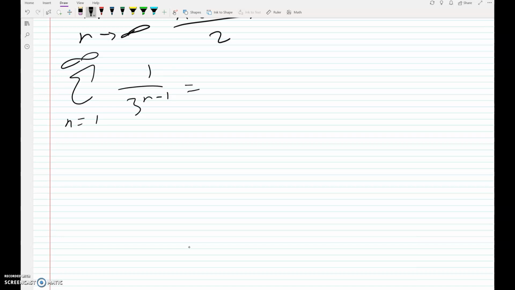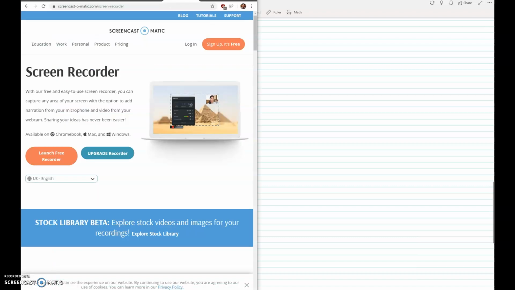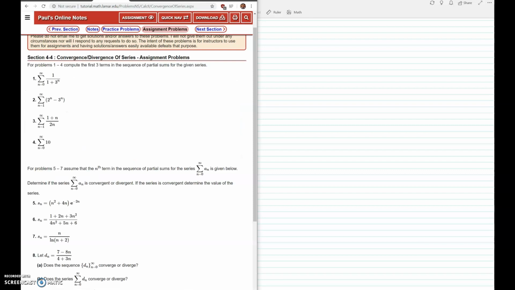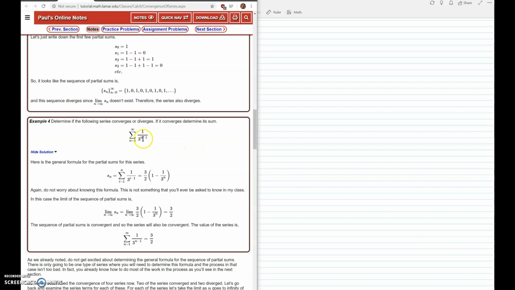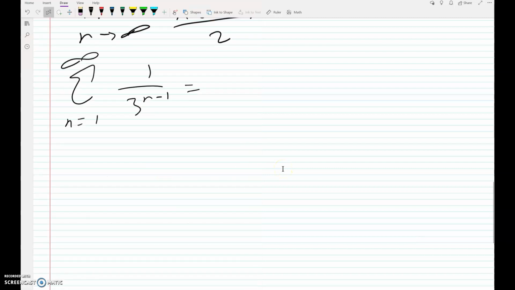It turns out, and this is directly from the notes, so you will see this, that the sum of 1 over 3 to the n minus 1 has a partial sum equal to 3 halves times 1 minus 1 over 3 to the n.